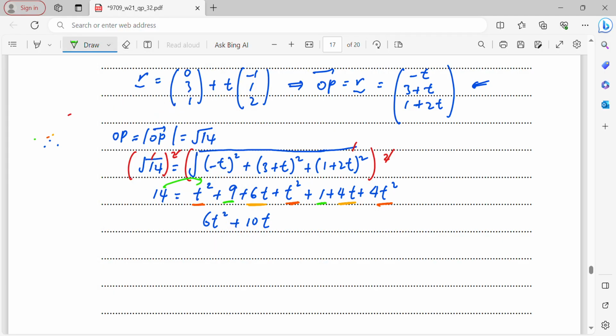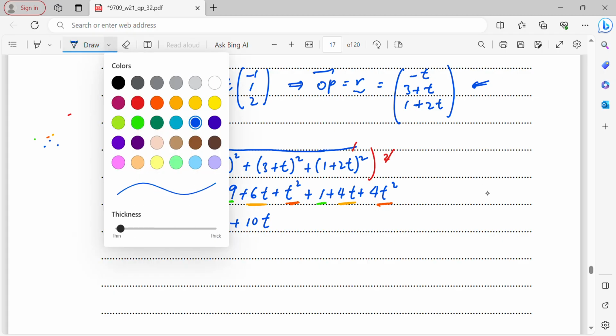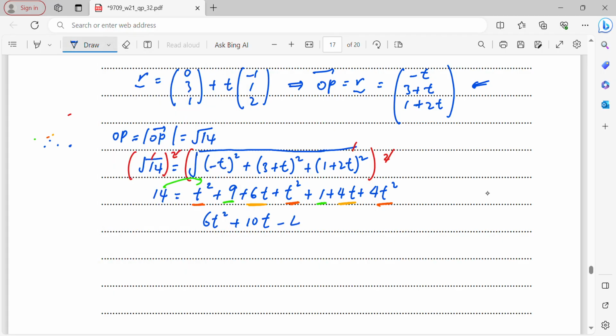Move this 14 to the other side because minus 14. So 10 minus 14 is minus 4. Okay, so now this equation can be divided by 2. So here I will get 3t squared plus 5t minus 2 equals to 0. And this quadratic can be factorized into two linear factors. So 3t minus 1 for first factor and t plus 2 for second factor.